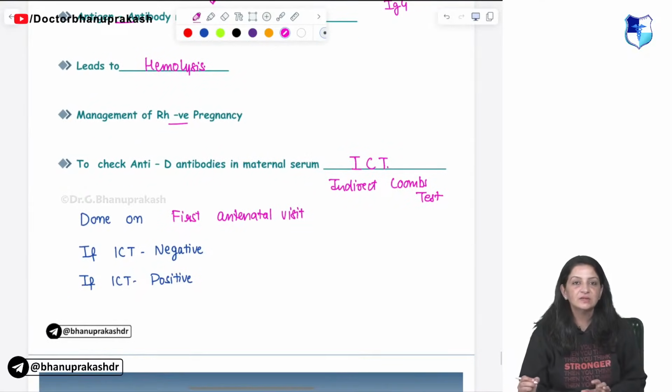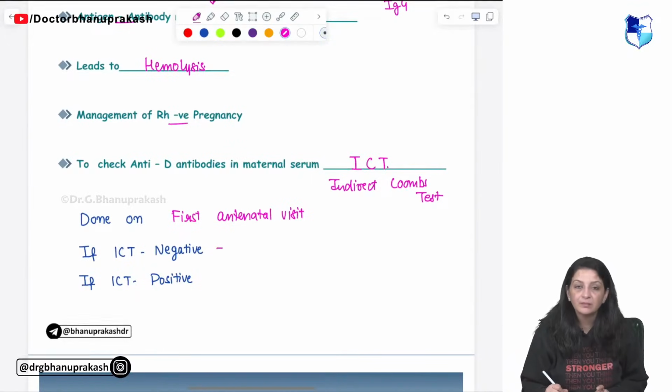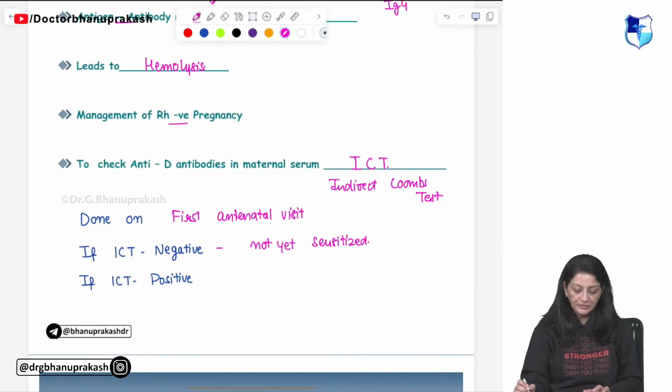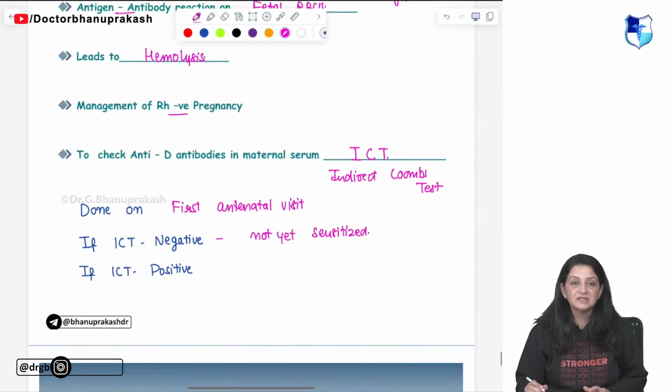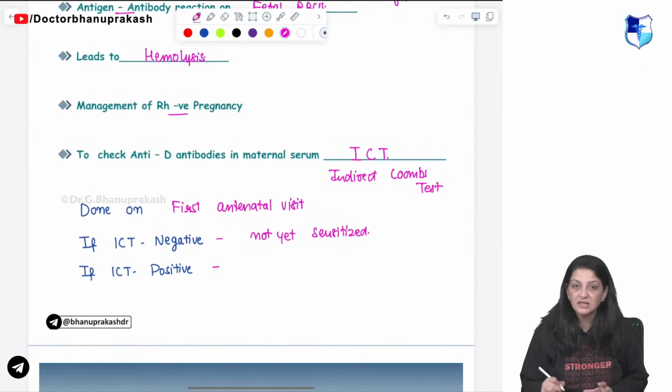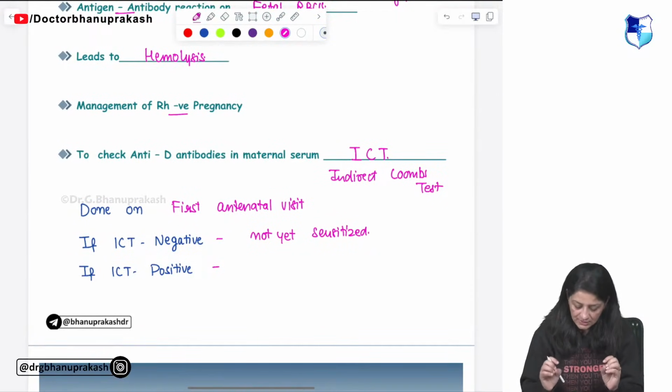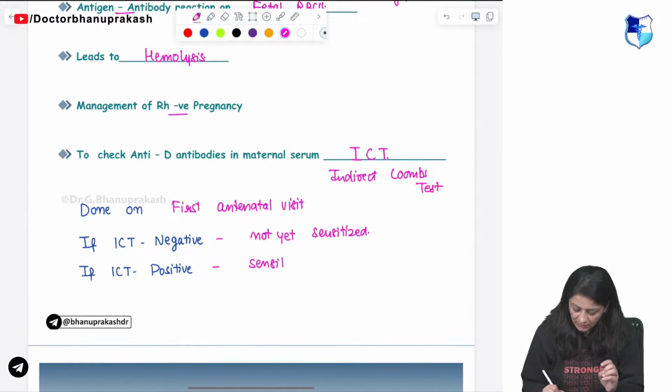If ICT is negative, it means the mother is not yet sensitized. If ICT is positive, it means antibodies are present in the maternal circulation, meaning the mother is sensitized.